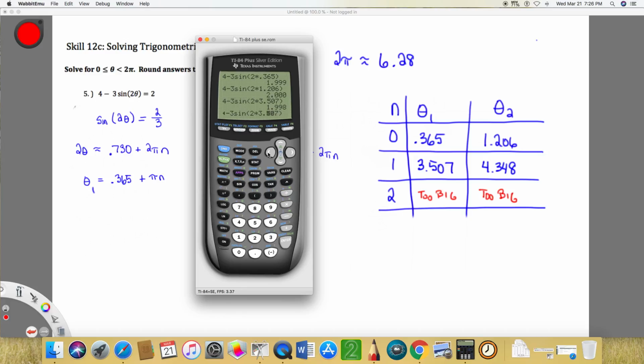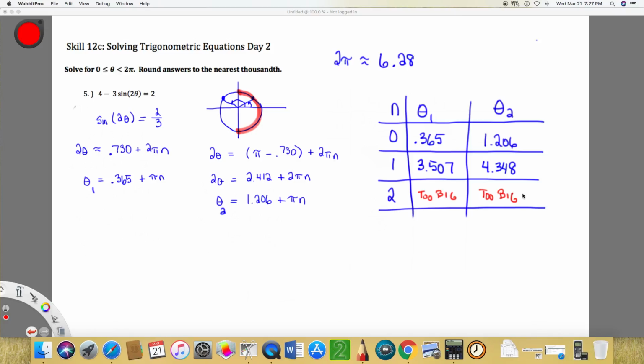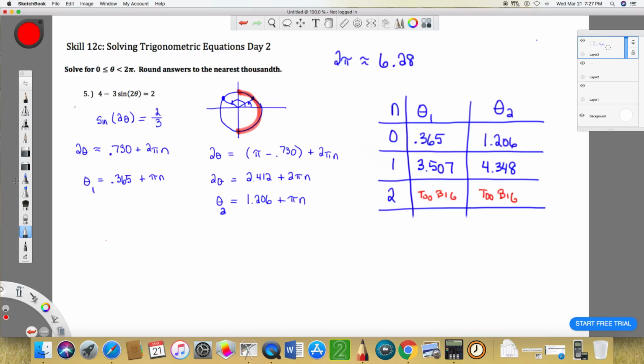If we change this to 4.348, slightly over 2, but hey, that's fine. So all of those solutions check. All of those, and they're between 0 and 6.28.